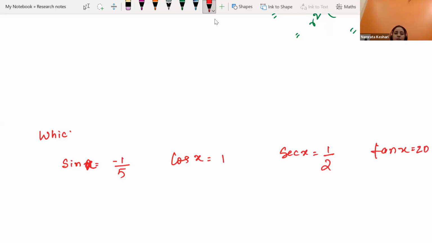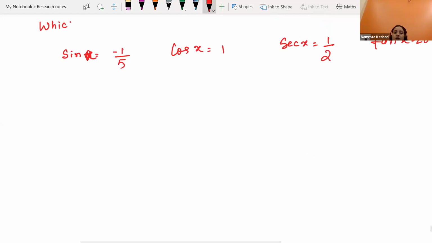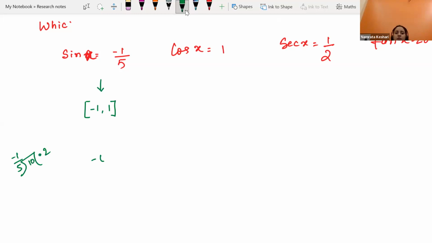Let's check it. We are having an idea about domain and range. Have we discussed? So we know the output for the sine function lies between minus 1 to 1. Minus 1 by 5 means minus 0.2.